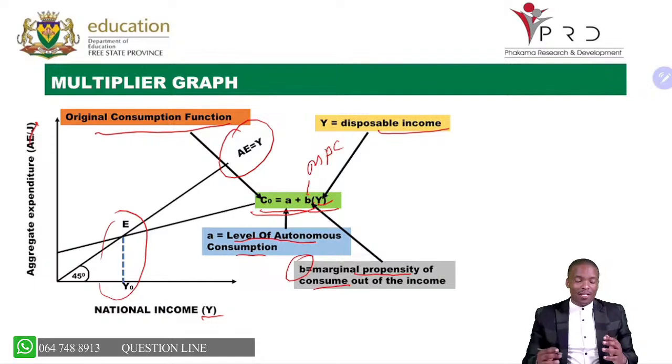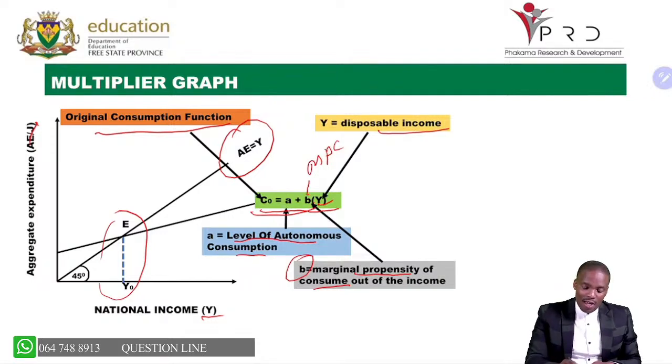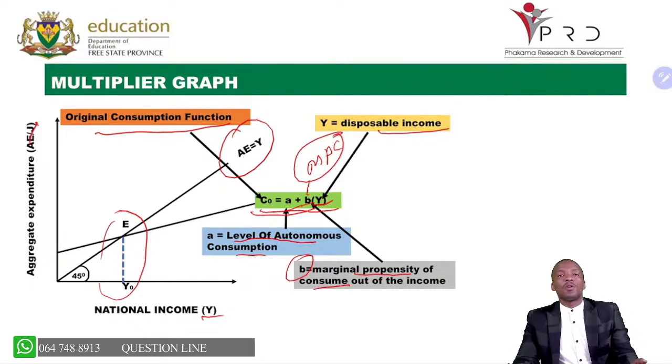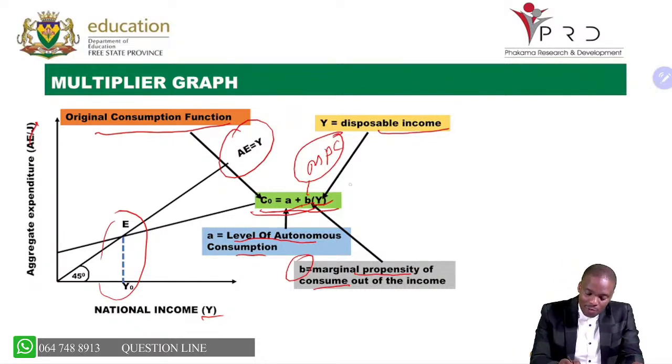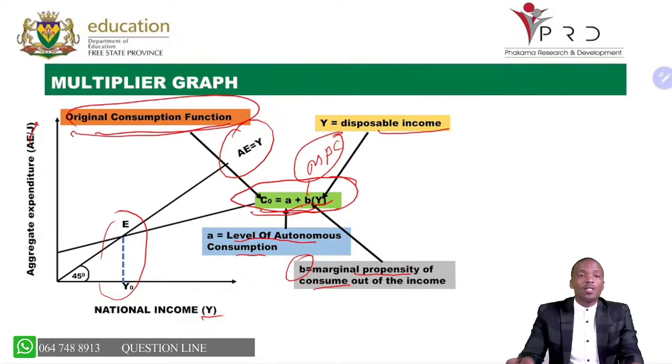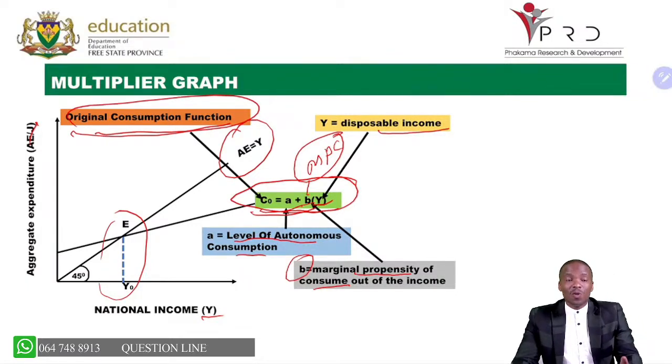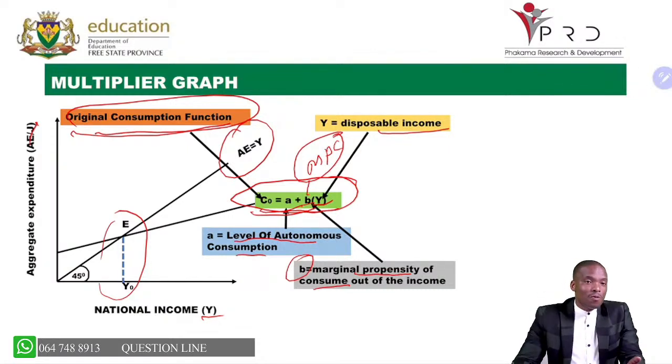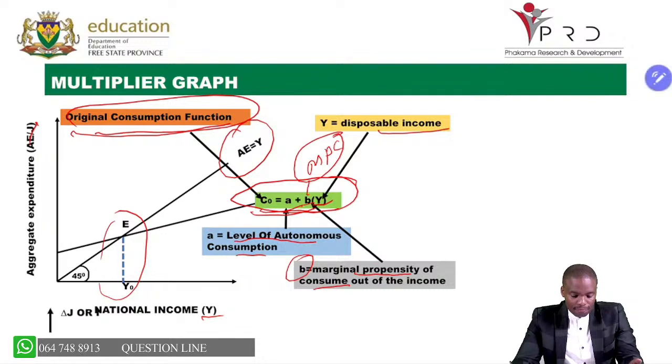So that is the analysis that we're having here. But the whole equation is what we call the original consumption function. So if they say, write the original consumption function, you write the whole formula there.